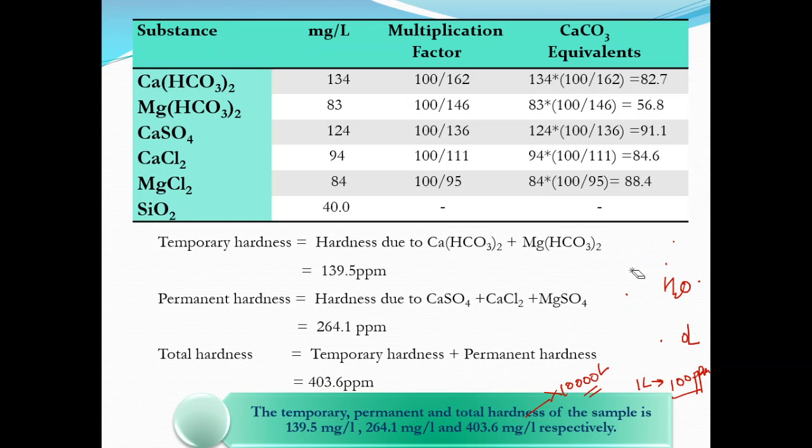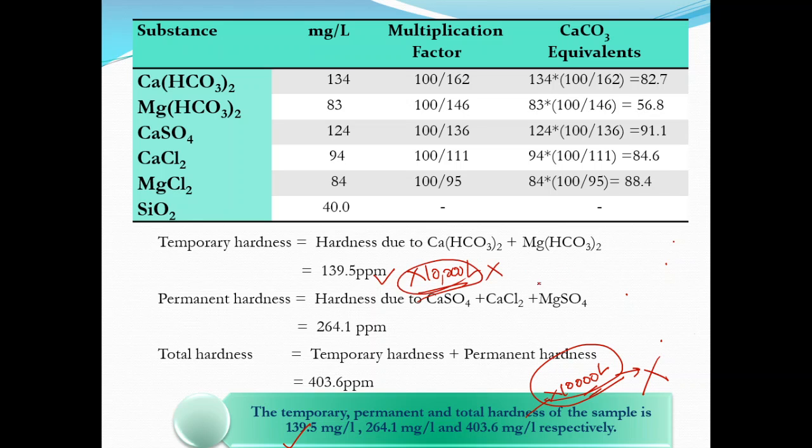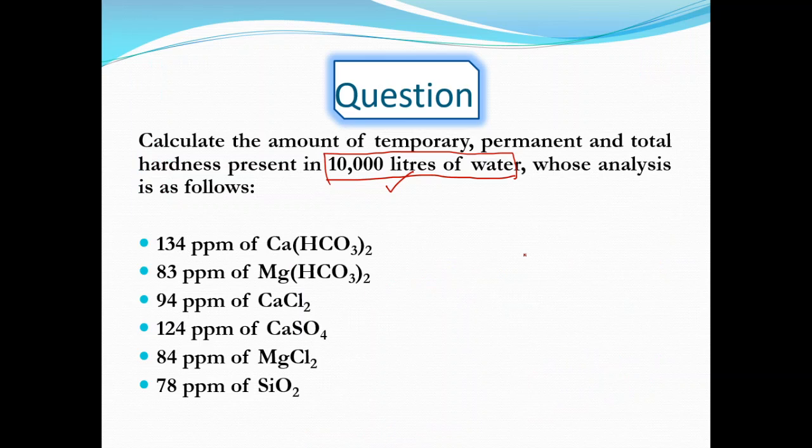So even if here the volume of the water is 10,000 liters, the hardness is not proportional to the volume. It is going to be 139.5 ppm only. It is not like in 1 liter it is 139.5, while for 10,000 liters you can multiply it. And if it were that, imagine what would be the hardness of the sea or ocean, right? So just make sure that if anything like this is written in the question, you simply have to ignore it and do your same calculations.